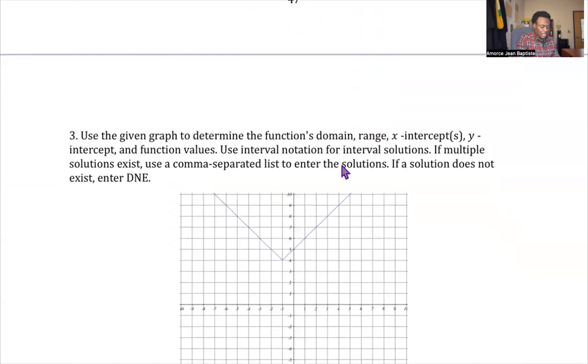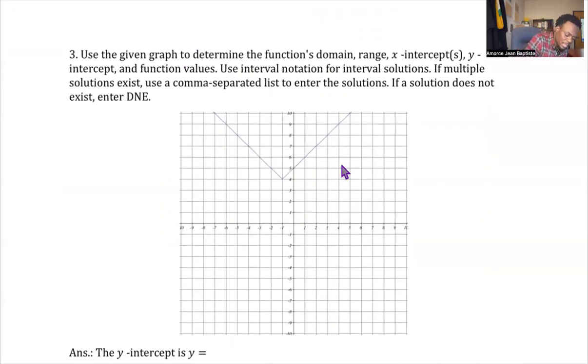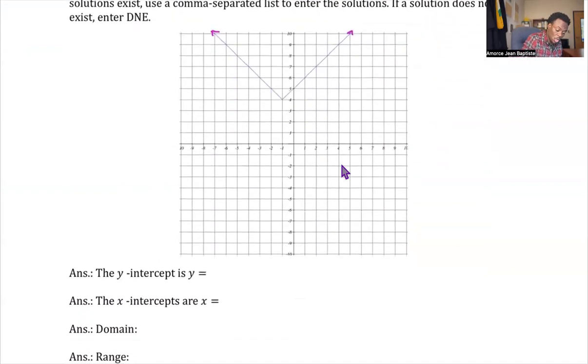Let's go to the next example here. We're going to do the same analysis for this one. See, it goes all the way up. Let's look for the y-intercept.